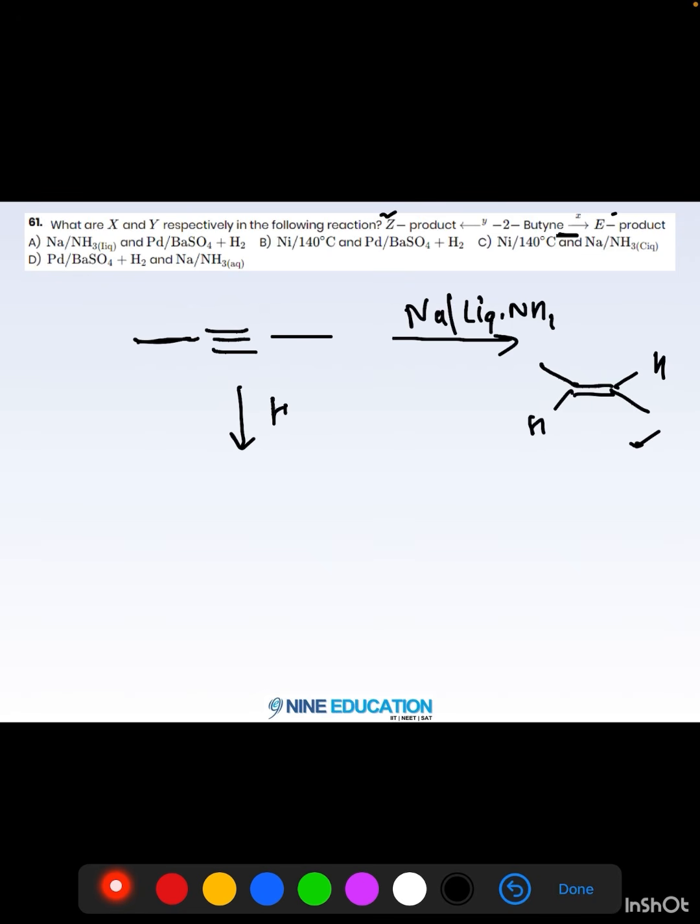And when you will be doing a controlled reduction in the presence of H2, Pd/BaSO4, and a poisoned catalyst would be there, in this case you will be getting syn addition of hydrogen. So if syn addition would be there, you will see the resultant product will be having cis configuration or the Z configuration. So X here should be Birch reagent, meaning Na in liquid ammonia, and H2, Pd/BaSO4 will be Y. So option A should be the correct answer.